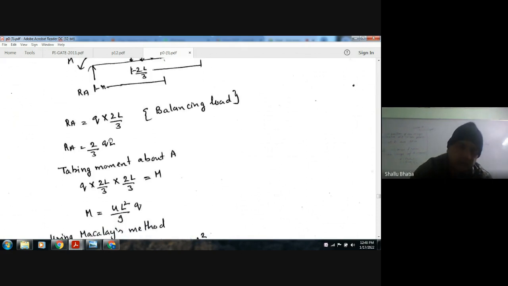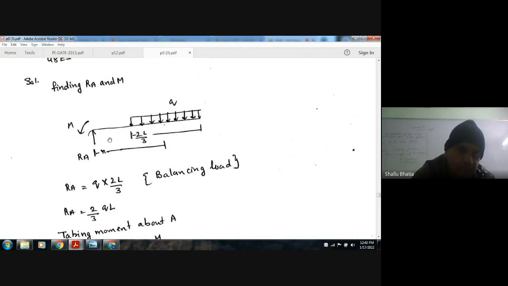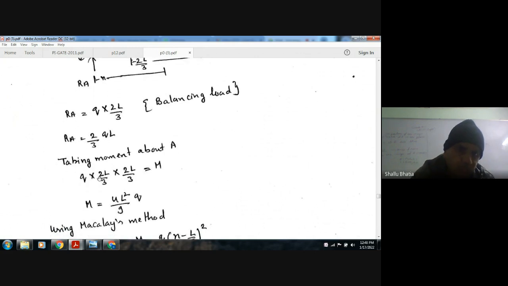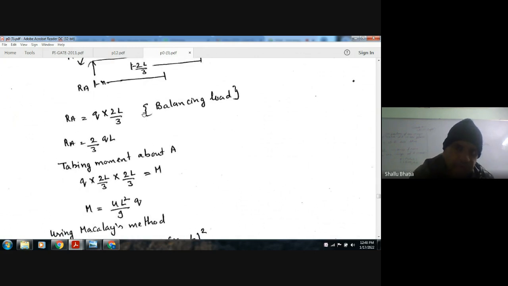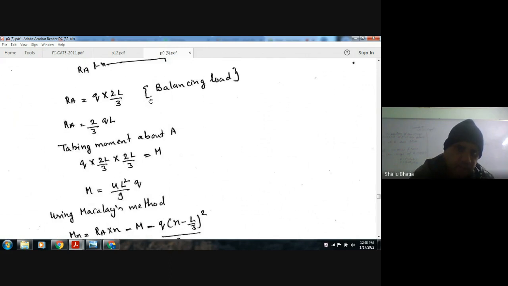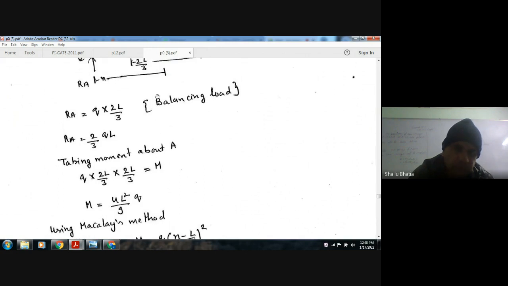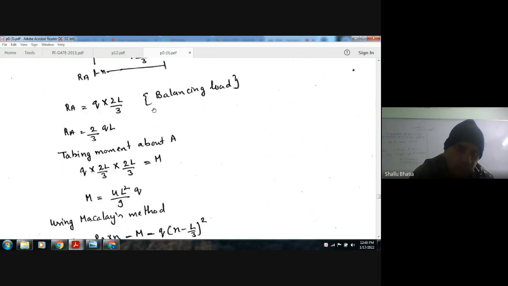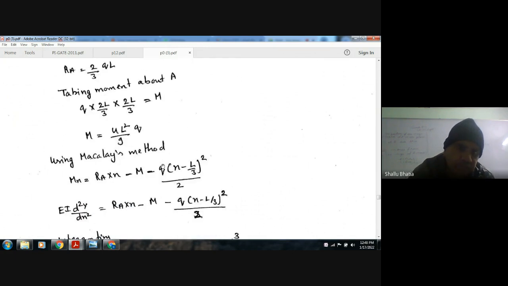Next is the moment. Taking moment about A, the total load Q times 2L by 3 acts at a distance of L by 3 from the fixed end, giving M equal to 4 L square Q by 9.